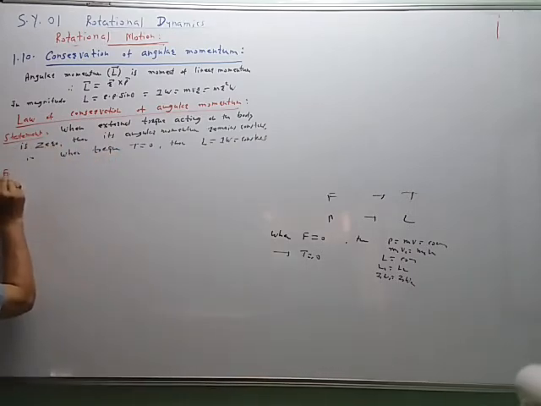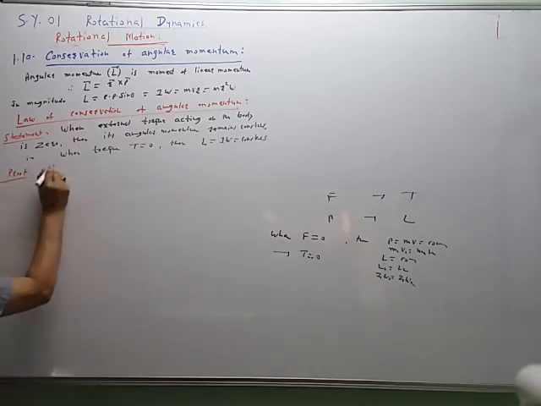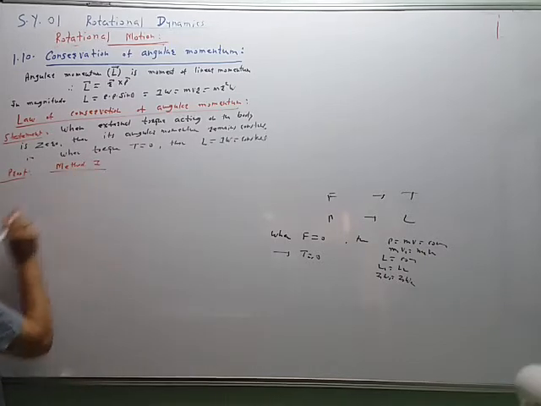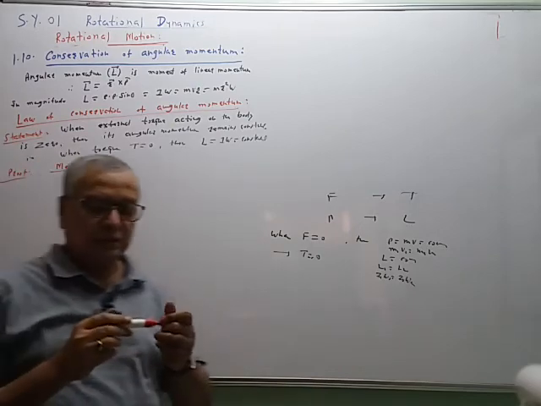Now we have to see the explanation, or you can say proof. So the proof can be given by two methods. Method number 1. Method number 2 we will see afterwards.